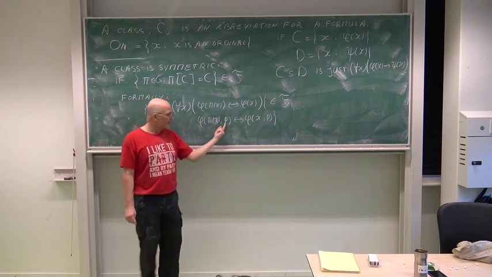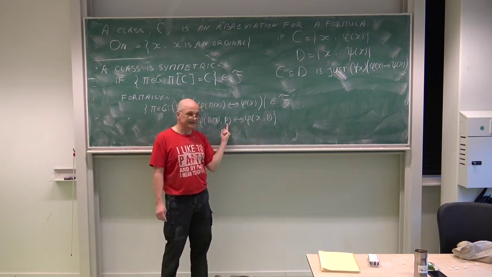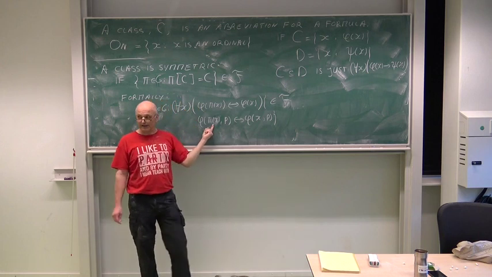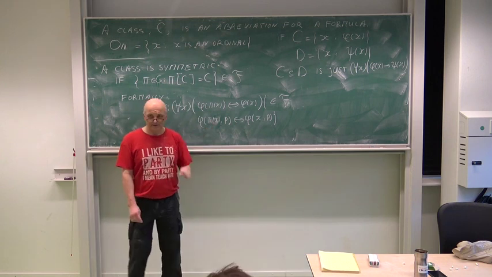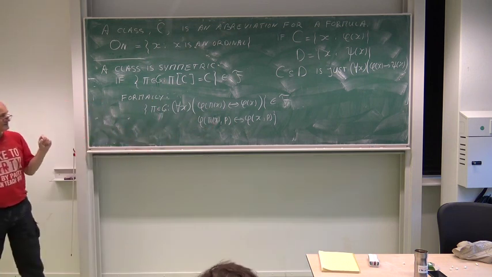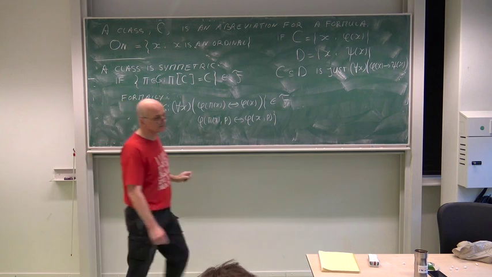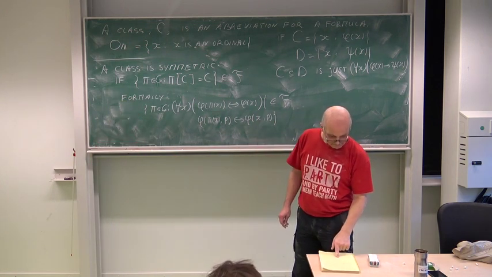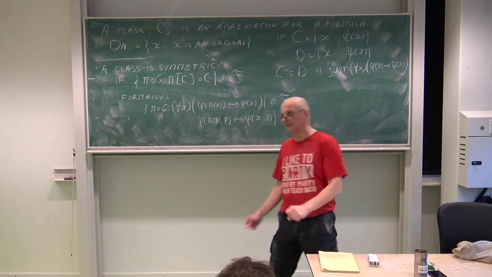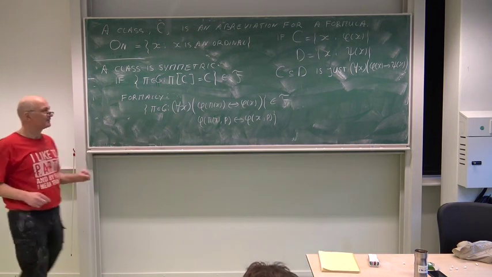So if you do parameters, the parameters stay the same. It's the members of the class that are going to be permuted. That's a good point. Maybe I put it on my notes. No, I didn't. I forgot to put it in my notes as well.